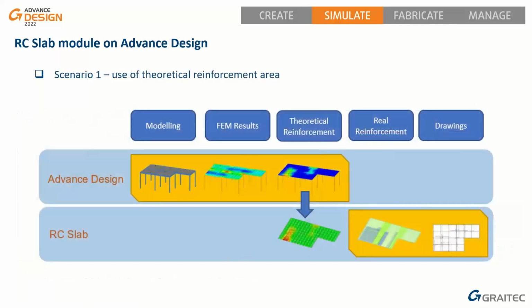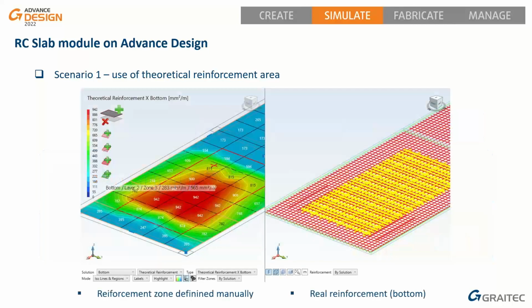There are in fact two working scenarios. The first method is to calculate the theoretical reinforcement in Advanced Design and then import it to the slab module. Then in the slab module, we can generate the real reinforcement cage and documentation, like drawings. In that scenario, the real reinforcement can be defined either manually or automatically.